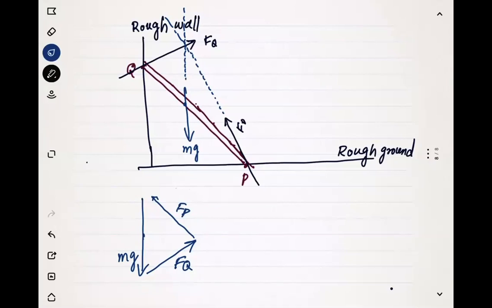According to the first condition, the three forces must make a closed triangle. According to the second condition, the three forces must pass through the common intersection.